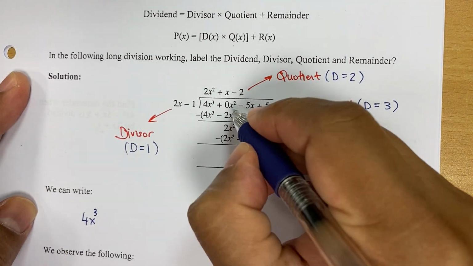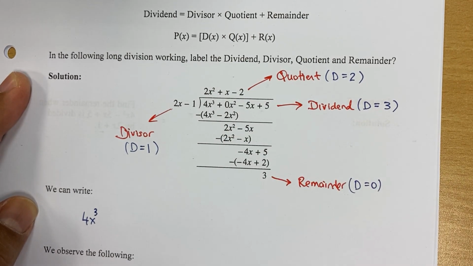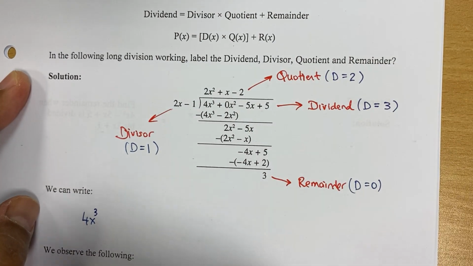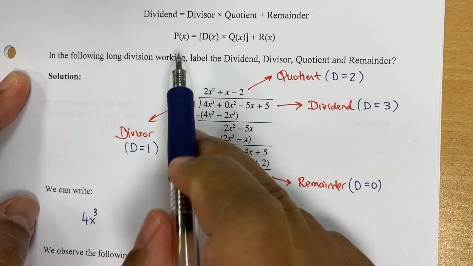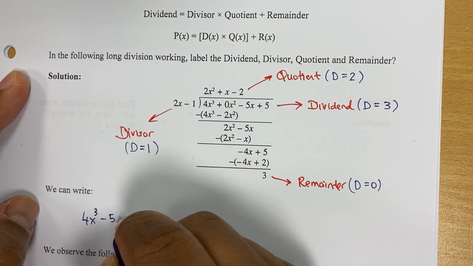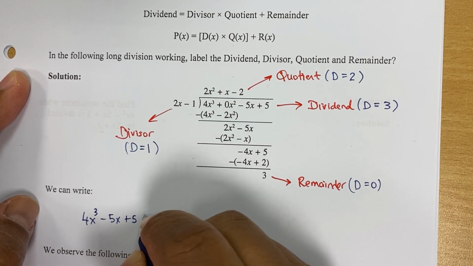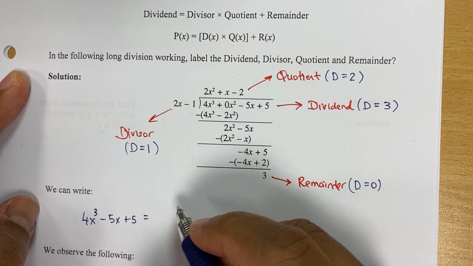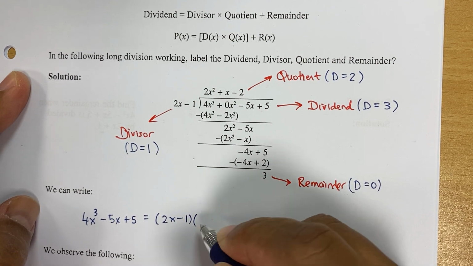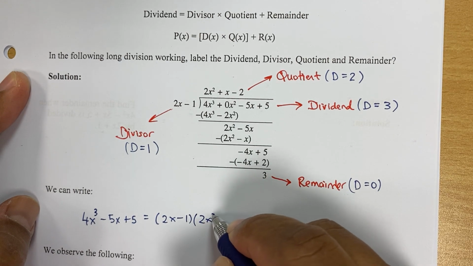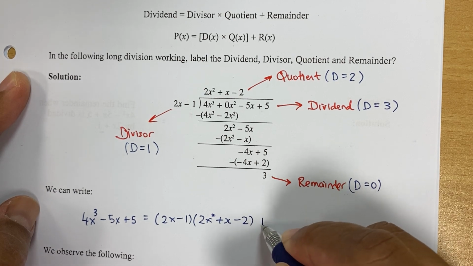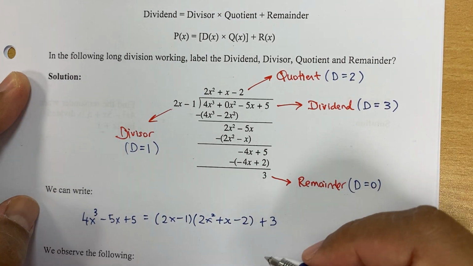There's no x squared term, and when we do long division we need to write 0x squared, but in a formal writing of this expression we need not write it. Then plus 5. And we write the divisor first: 2x minus 1 times the quotient, 2x squared plus x minus 2, plus 3.